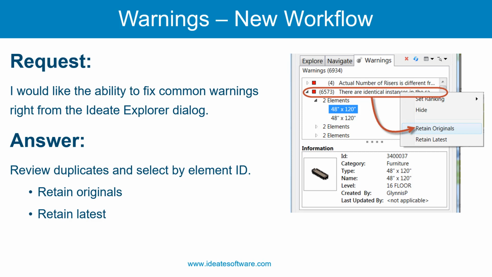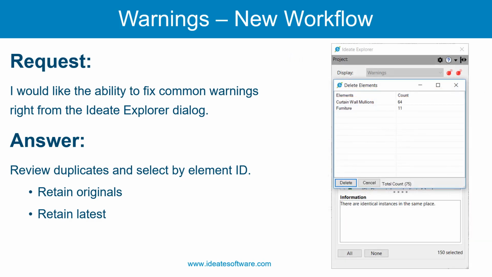Simply right-click on the top-level warning type when reviewing warnings when the Sort By option is set to types. The Retain Originals or Retain Latest selections are based on the element ID. When you choose either, Ideate Delete within Ideate Explorer is activated. This will allow you to review and confirm the elements you wish to remove.